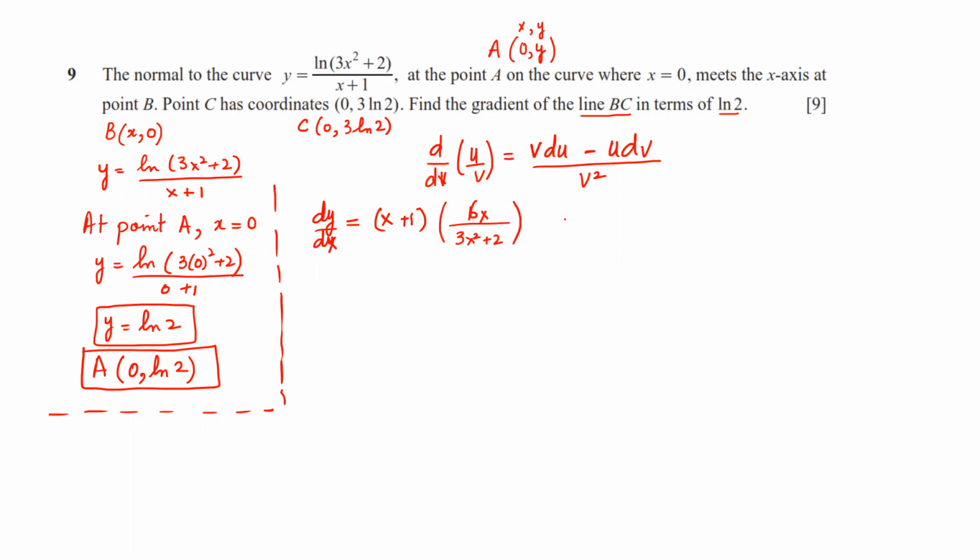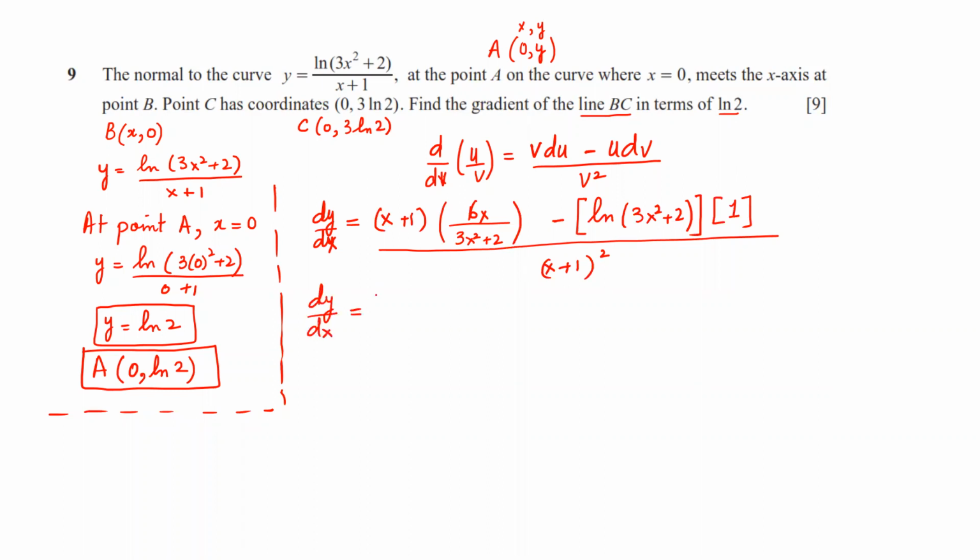Minus the first function, which is natural log of 3x squared plus 2, times the derivative of second, which is 1, and this is divided by (x plus 1) whole squared. So dy by dx, if we simplify it, comes out to be 6x times (x plus 1) over (3x squared plus 2), minus ln of (3x squared plus 2), and the whole thing divided by (x plus 1) whole squared.